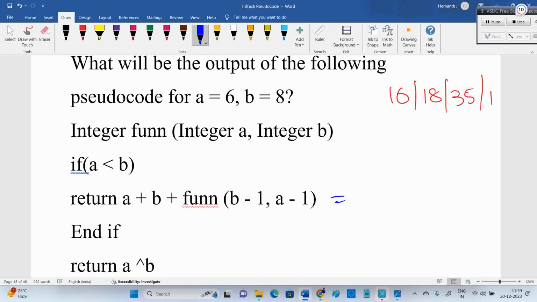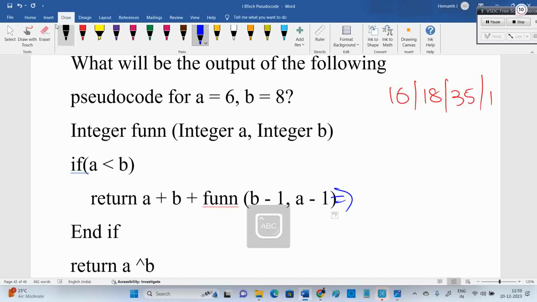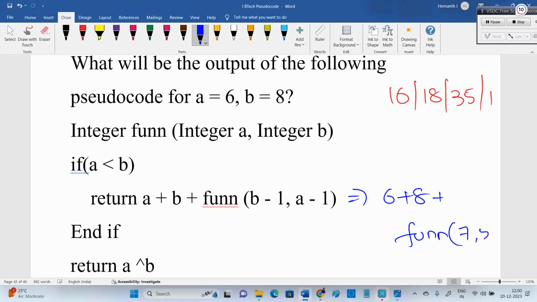Then you should return, they're given this tab as well, 6 plus 8 plus function of 7 comma 5. Now we have to enter here. Is this condition satisfied? 7 less than 5 now. 7 less than 5?